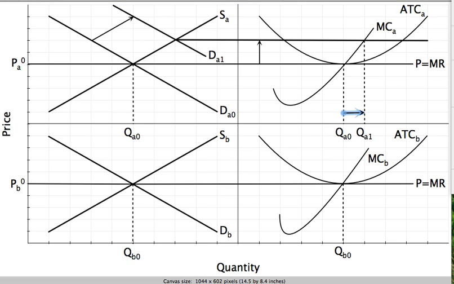And let me draw in the impact on the market quantity. So what do we have? We have a change in preferences that causes the demand curve to shift to the right. We see a new equilibrium price.